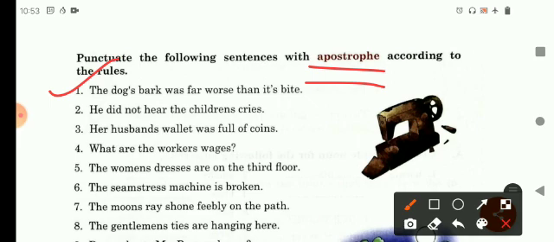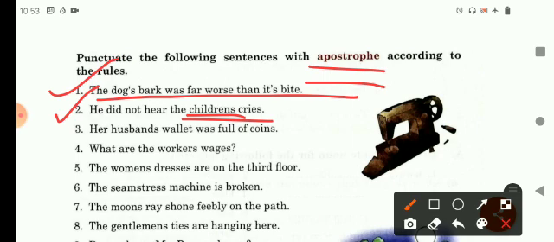Now, the first one, dog's bark was far worse than its bite. This is already done, an example. Now pick up the next one: He did not hear the children's cries. Here in the sentence, the word children is already a plural form, as you know.